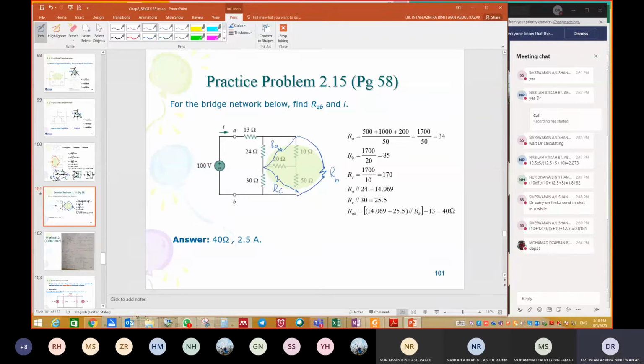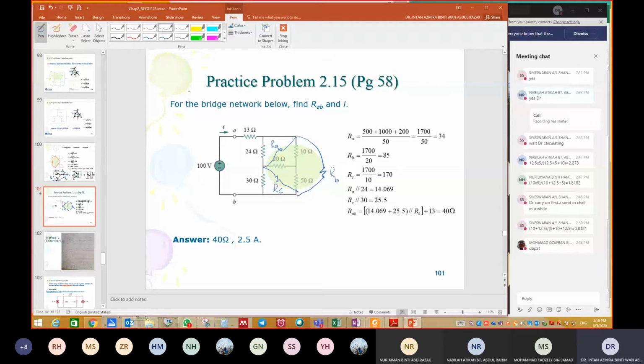So RA is equal to 200 plus 20 multiplied by 50, and then plus 50 multiplied by 10, divided by 50. You may redraw this circuit.